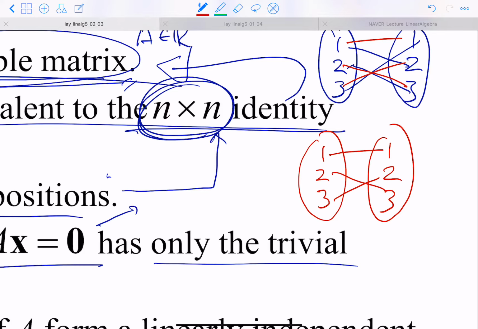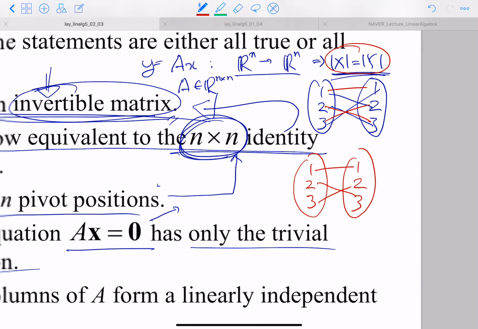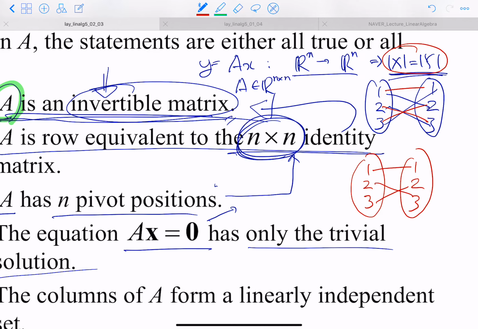So this kind of simple toy example will also hold true in the case of an n by n square matrix, and it's a linear transformation.